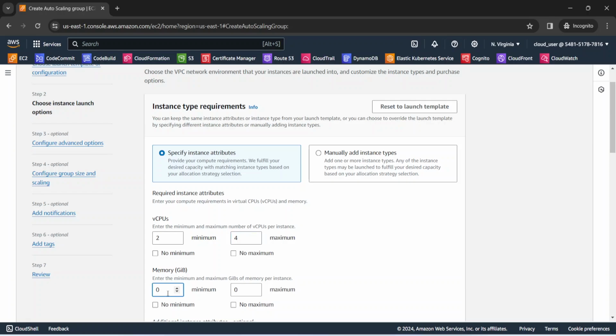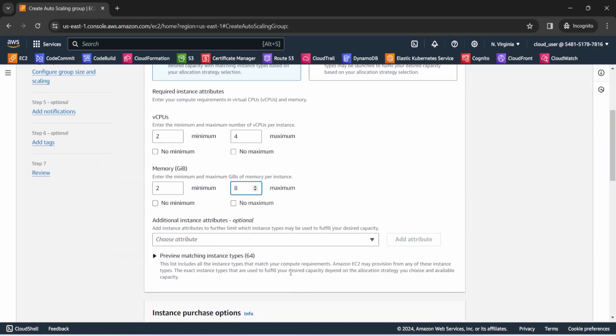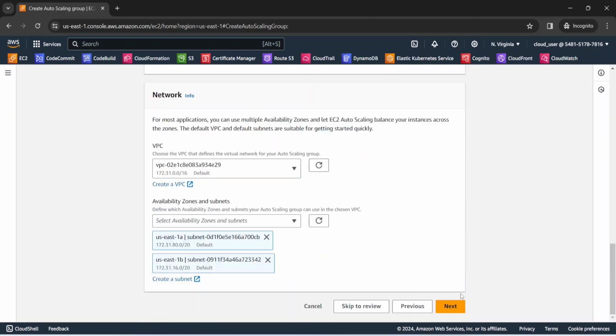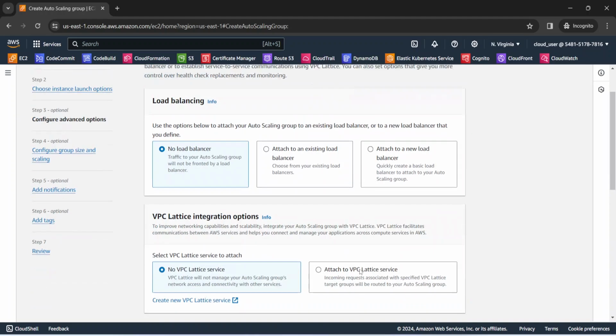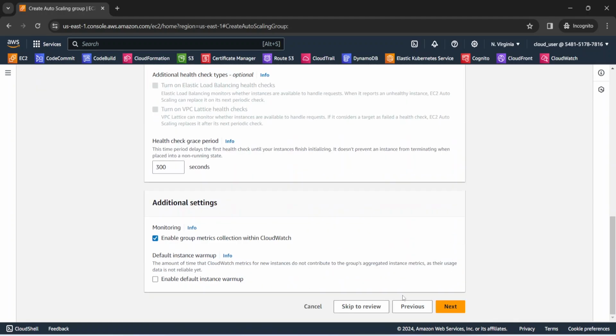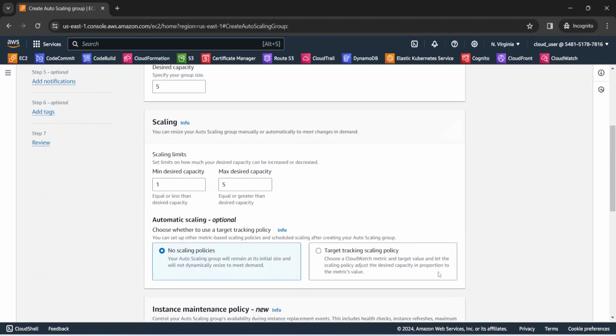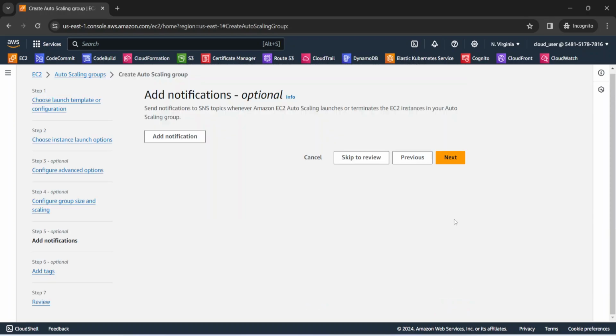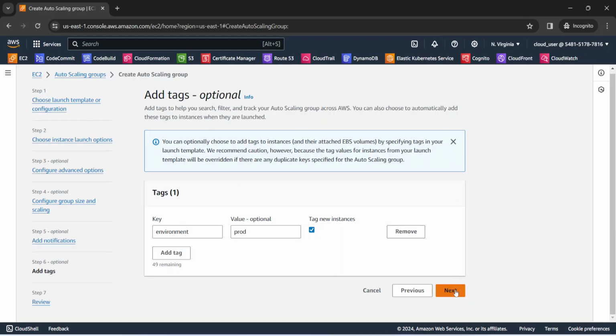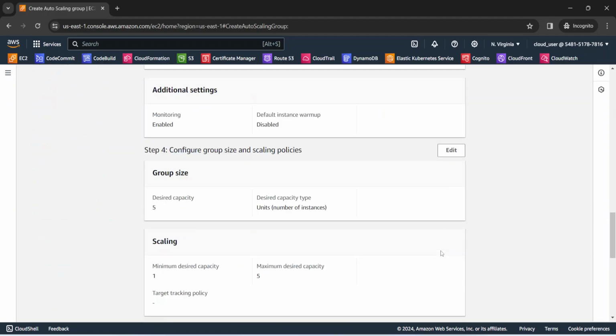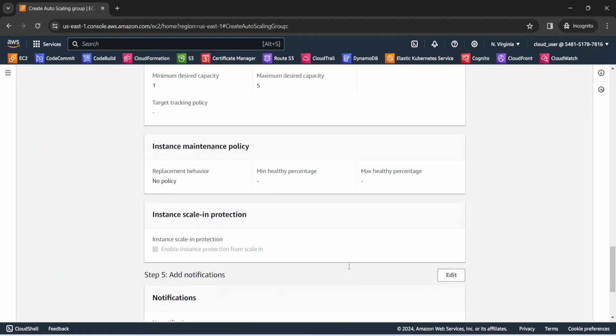Memory I'll give as 2 GB, and here you can give 8 GB. I think now it should sort out. So once again we'll do it.